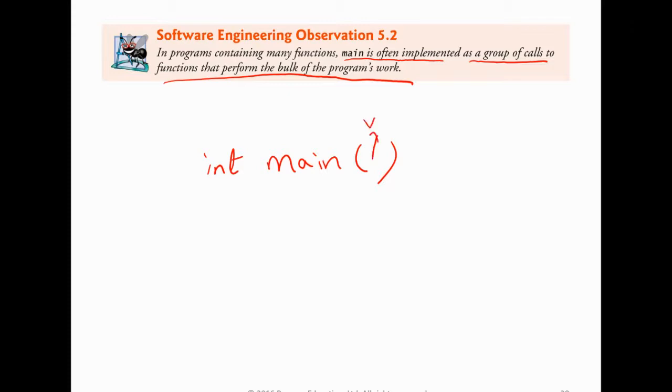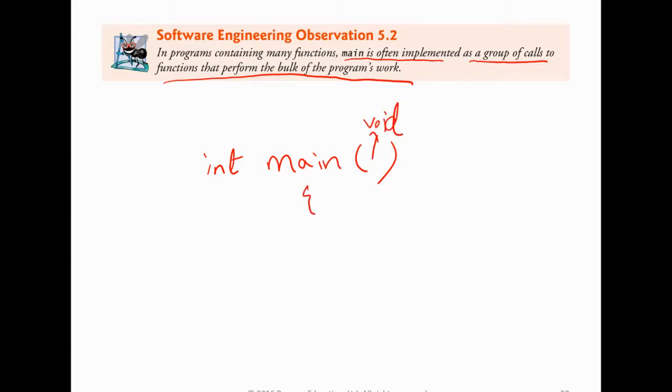And often what happens is that the main function is, in most cases, implemented as a group of calls to functions that perform the bulk of the work. So the main function basically is the boss function. And note, main is also a function, right? You could write the output as, if it returns an integer like 0, you can write this as int main, and then void basically means that you do not send anything to it.